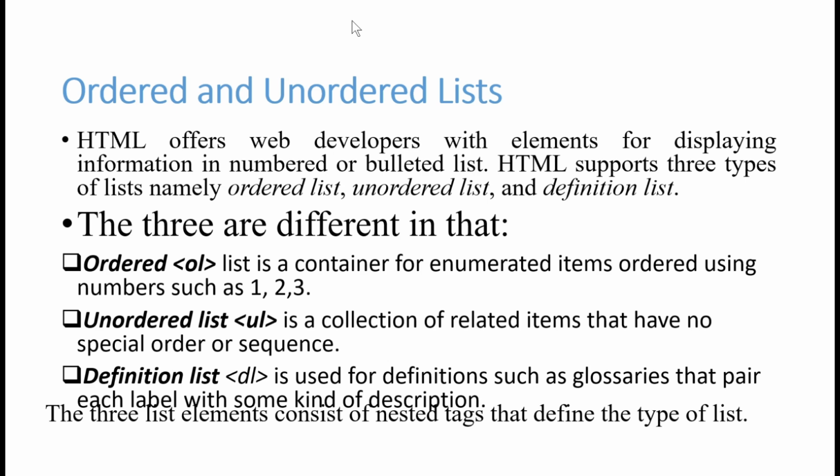This is the list that we see in HTML, and we will see how to make and display it. So let's go to definition list, which has the tag DL.